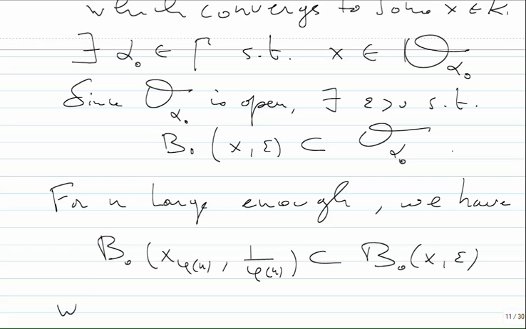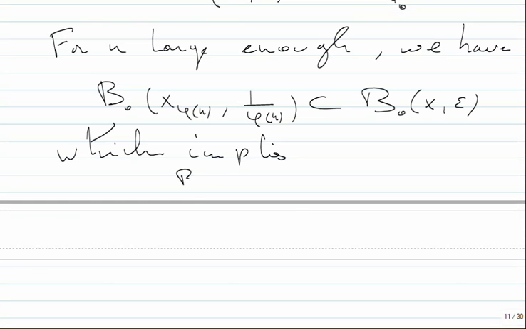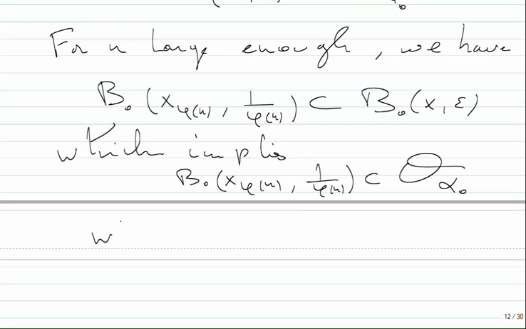Which implies that the open ball centered at x phi of n with radius 1 over phi of n is in O alpha 0, which is a contradiction.